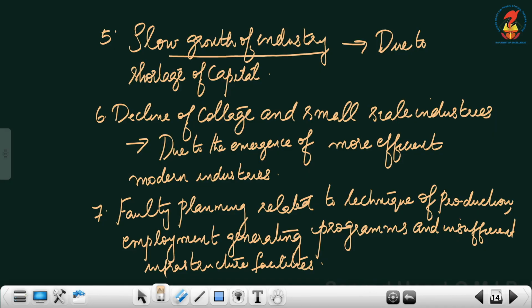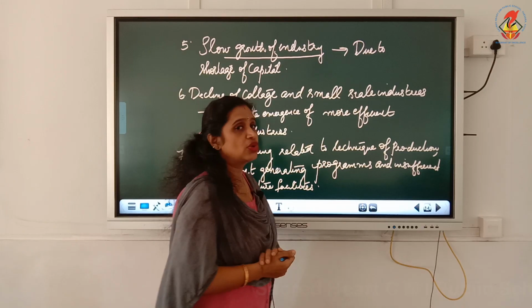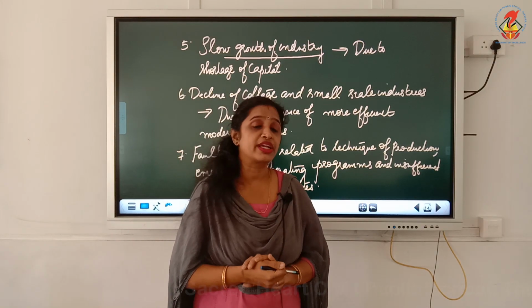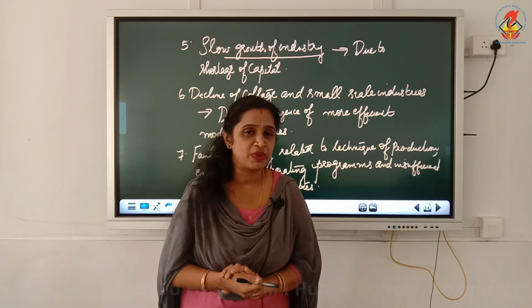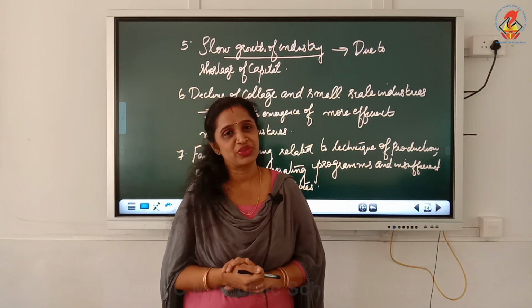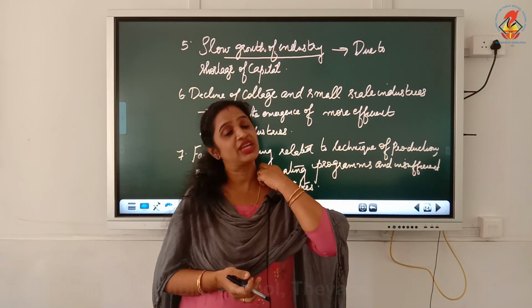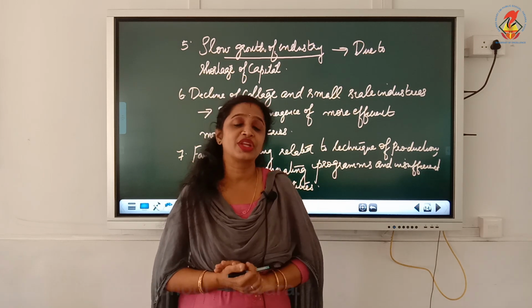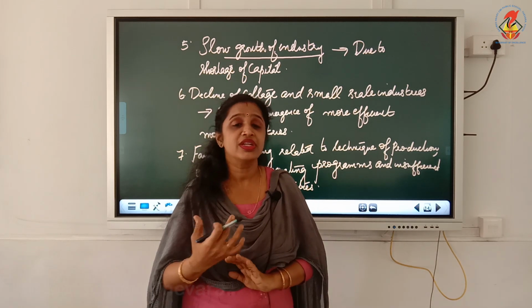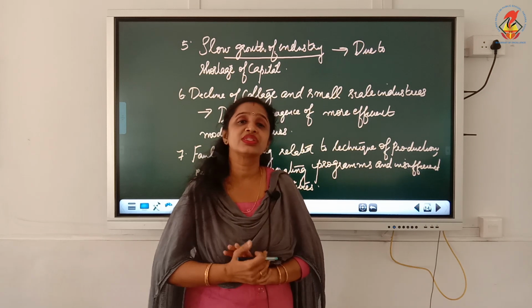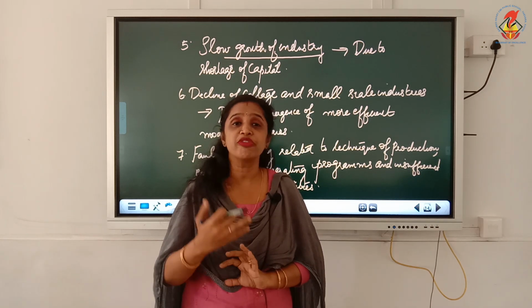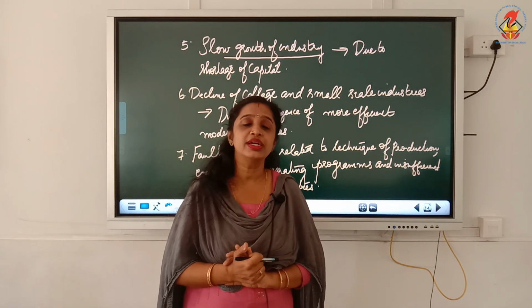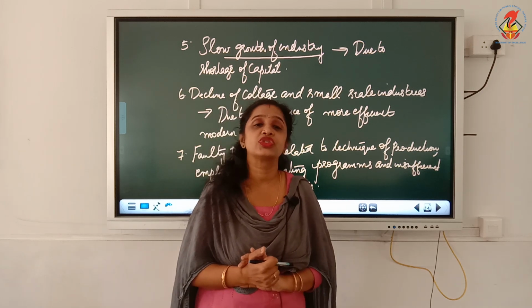Next comes the slow growth of industries. I told you this can be connected to the first point that I explained to you. Slow economic growth rate is due to the slow growth rate of the agricultural sector and the slow growth rate of the industrial sector. Even in the industrial sector, the growth rate is slow. Therefore, the number of people who are required in those industrial sectors will also be less.